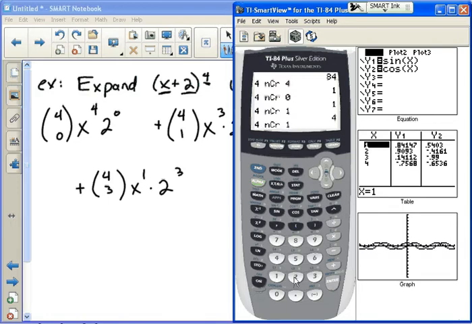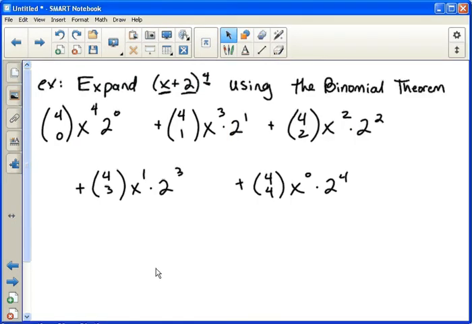So I think we can remember this, 1, 4, 6, and then we go 4 choose 3, whoops, we get 4, so 1, 4, 6, 4, and then the last one should be 1. The first and last one should always be 1. So 1, 4, 6, 4, 1. That's the pattern. It'll always be symmetrical if that helps you remember.